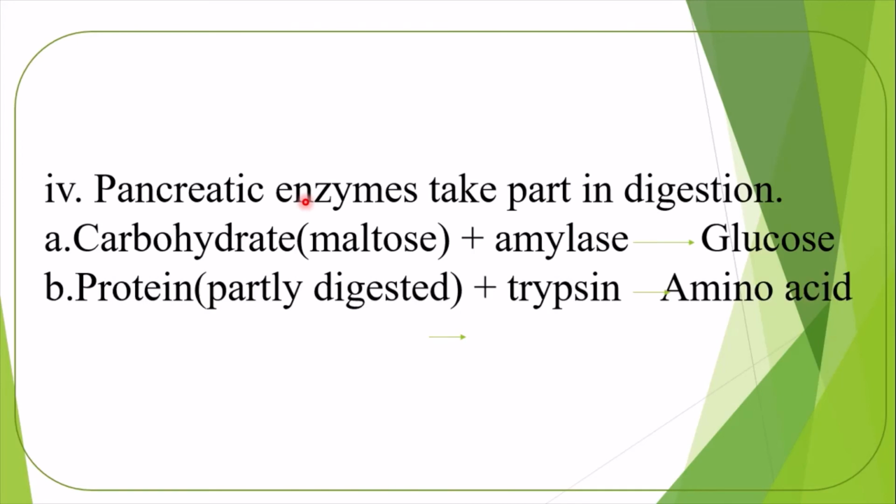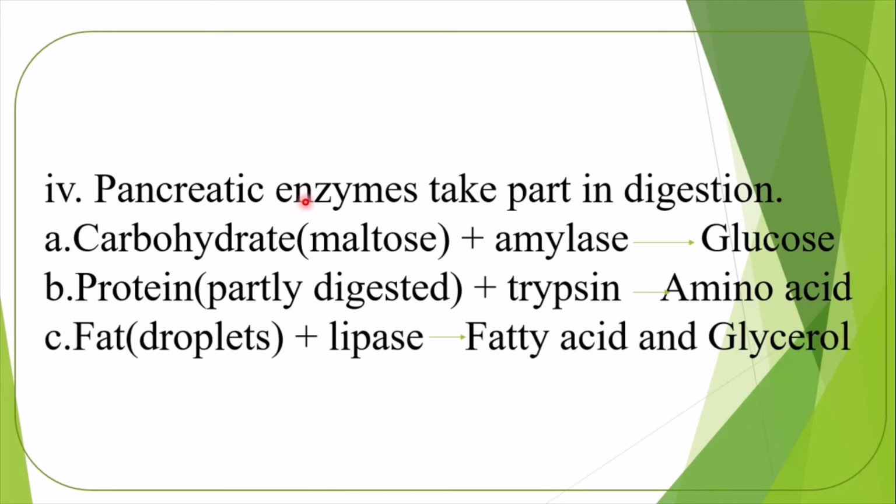Protein converts into amino acid by the help of trypsin. Trypsin is a pancreatic enzyme here and amino acid is the absorbable form of protein. Fats or fat droplets convert into fatty acid and glycerol by the help of lipase. Lipase is one type of pancreatic enzyme and glycerol and fatty acid are the absorbable form of fats or lipid.